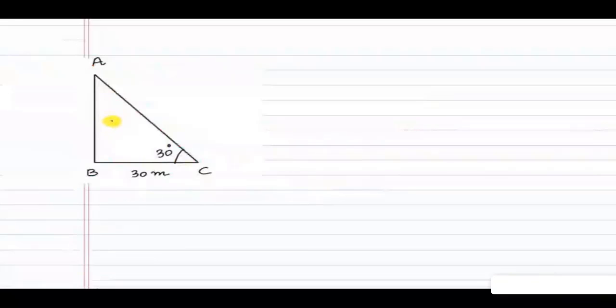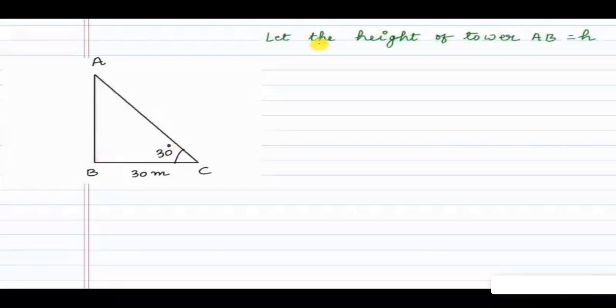Now it is given in the question that we have a tower. Let us suppose that AB is a tower, and at a point C, which is at a distance of 30 meters from the foot of the tower, the angle of elevation of the top of the tower is 30 degrees. From this information, we have to calculate the height of the tower AB. To solve the question, let the height of tower AB be equal to h.